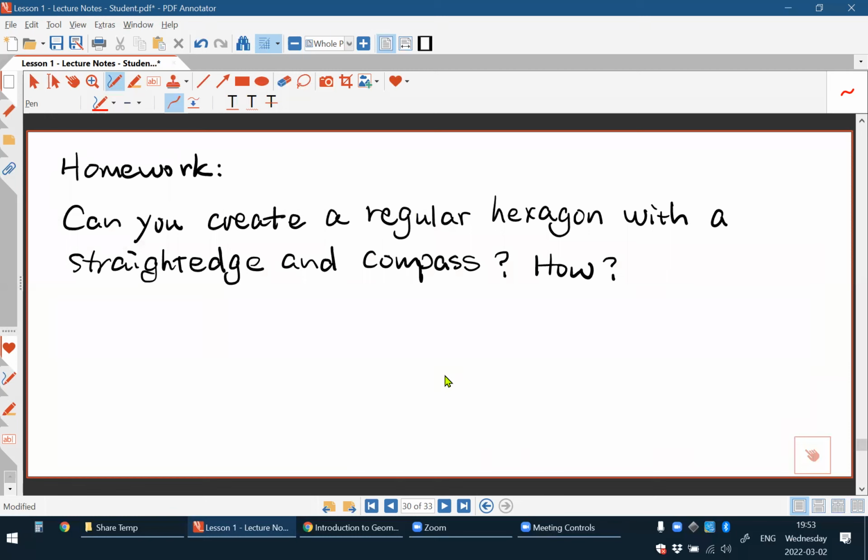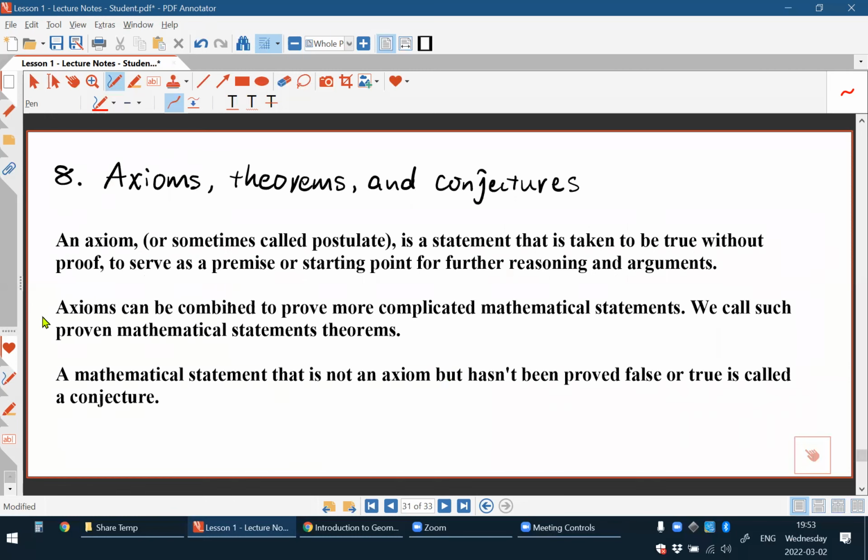And there's another homework. Okay, last, let's check the definitions for axioms, theorems, and conjectures. So first of all, what is an axiom?